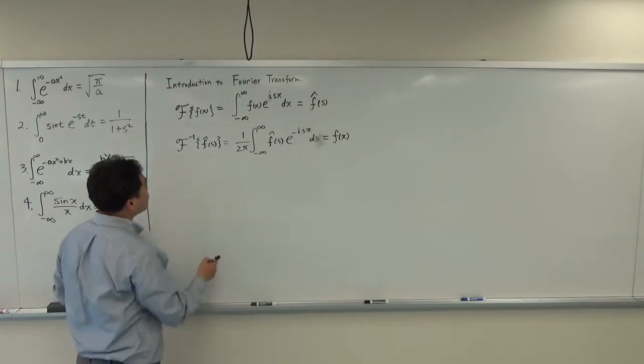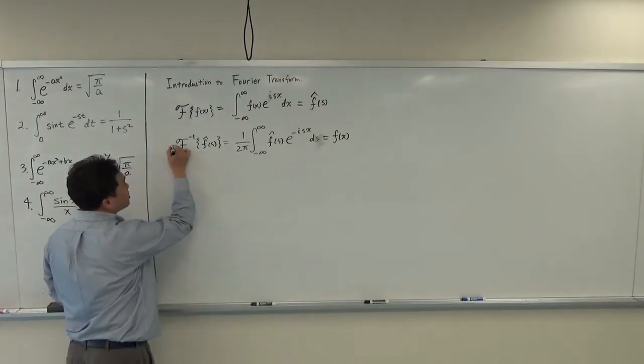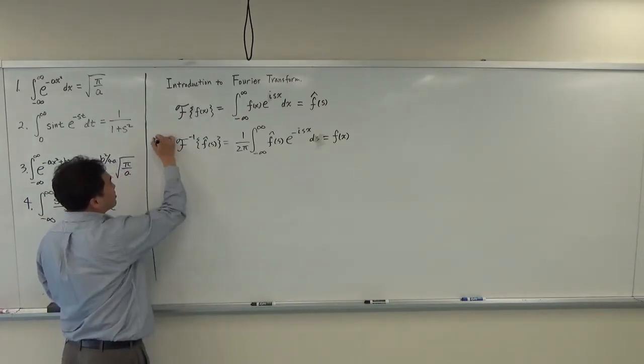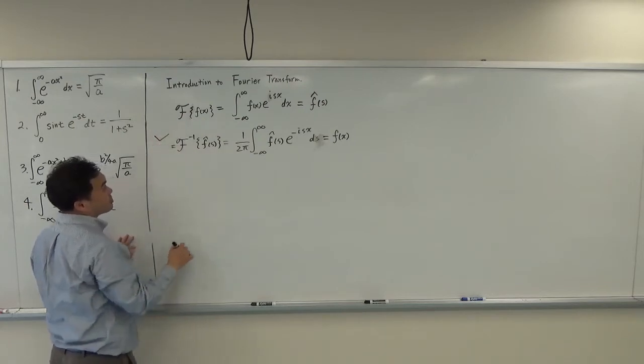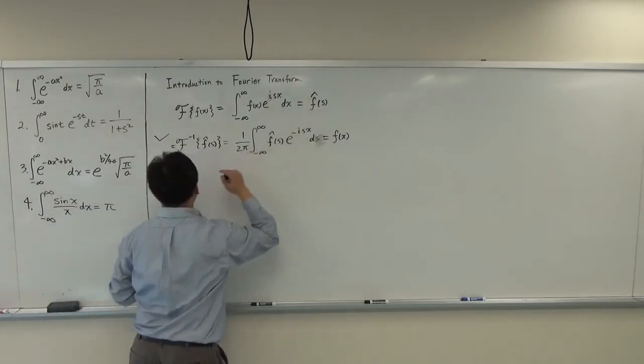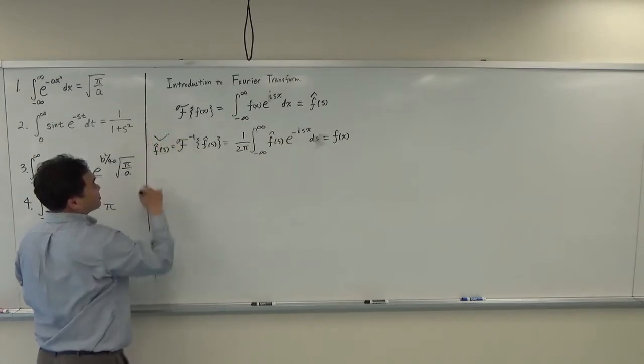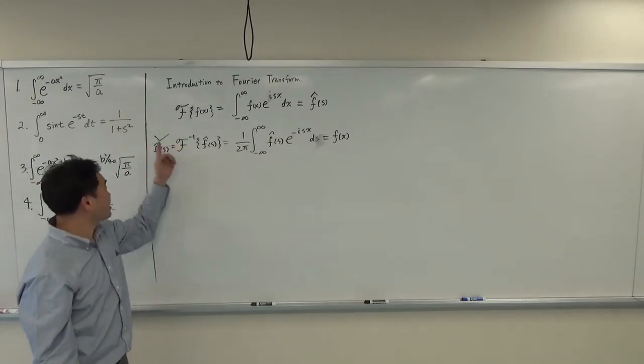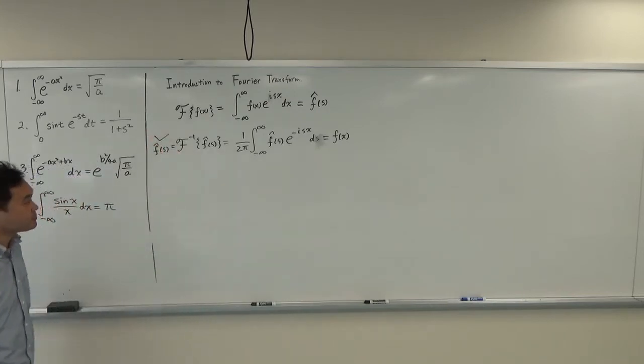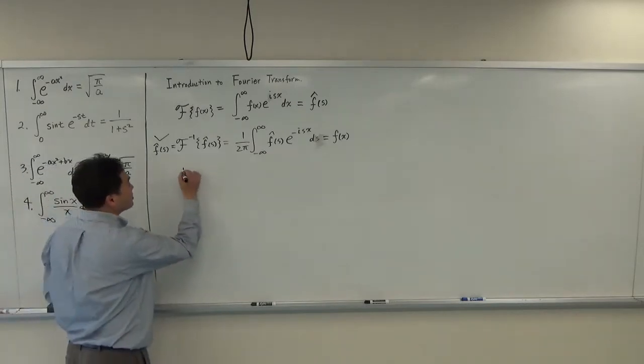Now, however, again, we're going to rewrite this as upside down, the opposite of this, okay? So the way we are going to think of this transform would be like this one, okay? Okay, now properties.